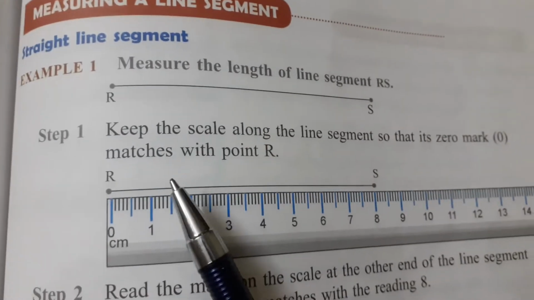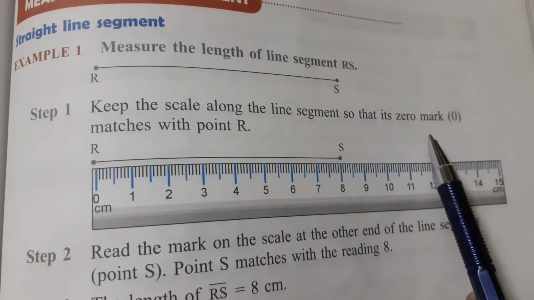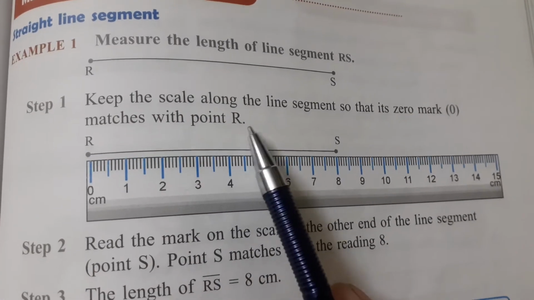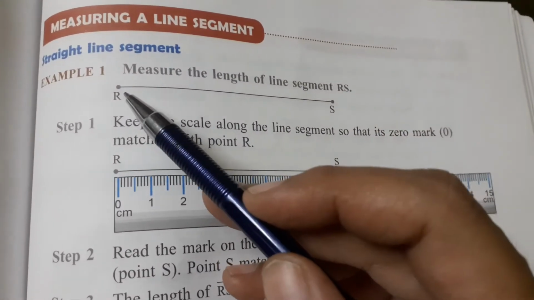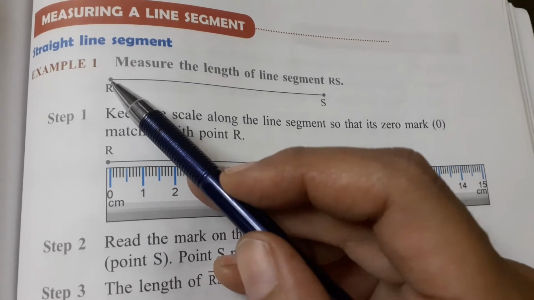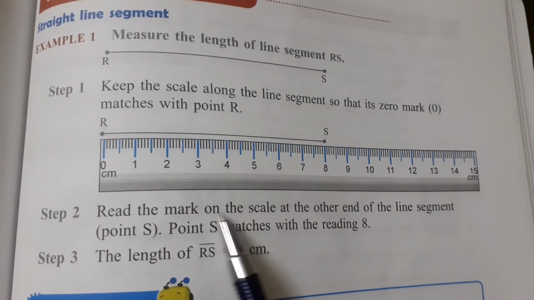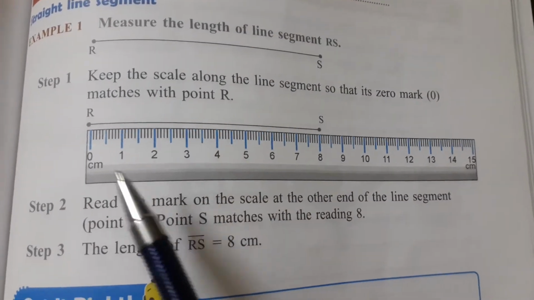What you will have to do is keep the scale along the line segment so that its zero mark matches with point R. Keep 0 of your scale at R, and then read the mark on the scale at the other end.